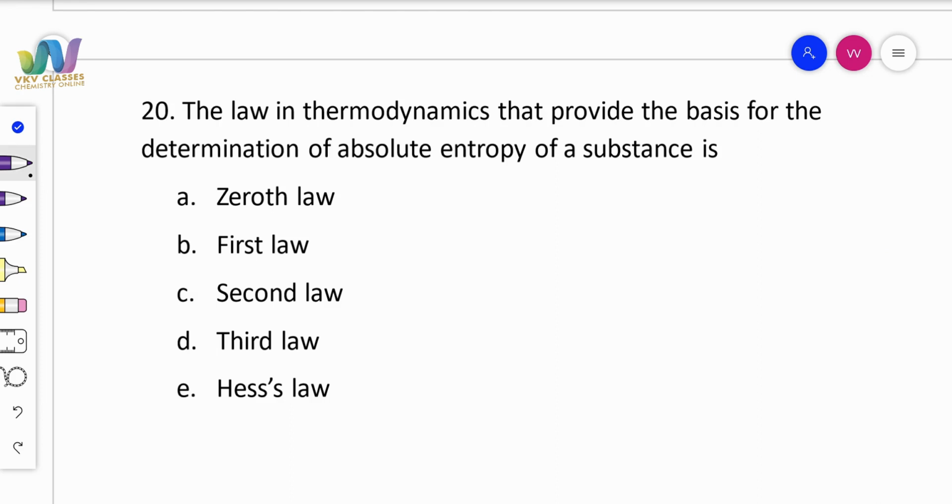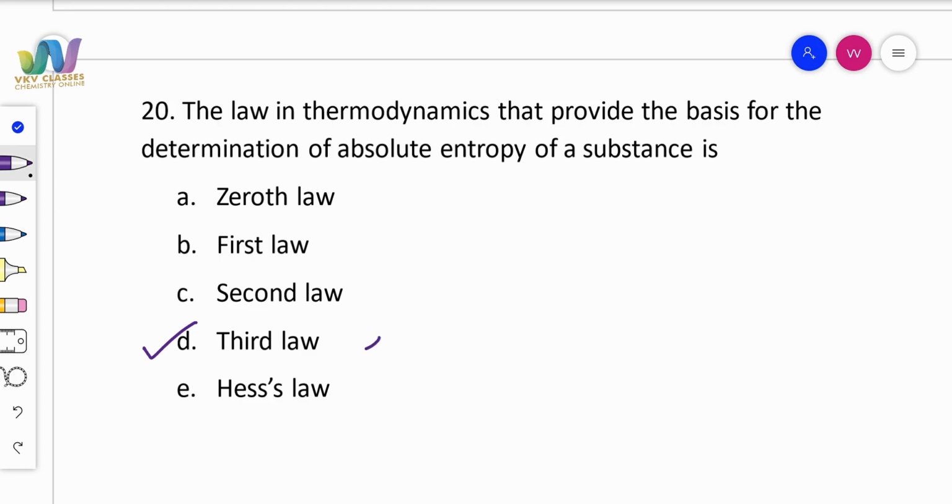Which law of thermodynamics provides the basis for the determination of absolute entropy of a substance? It is the third law of thermodynamics, according to which the entropy of all perfectly crystalline solids becomes equal to 0.